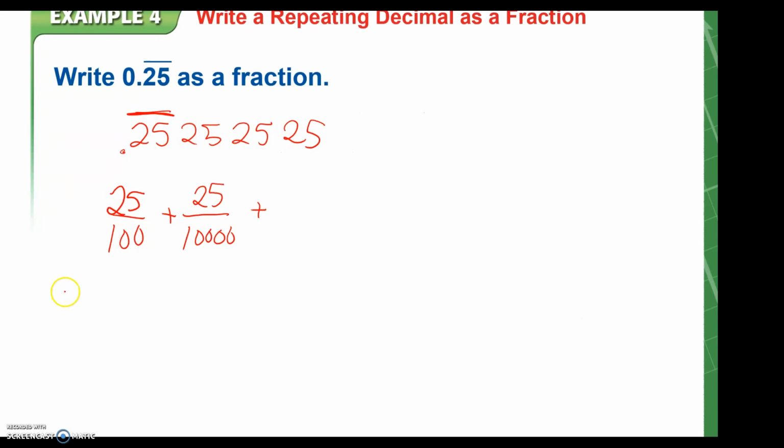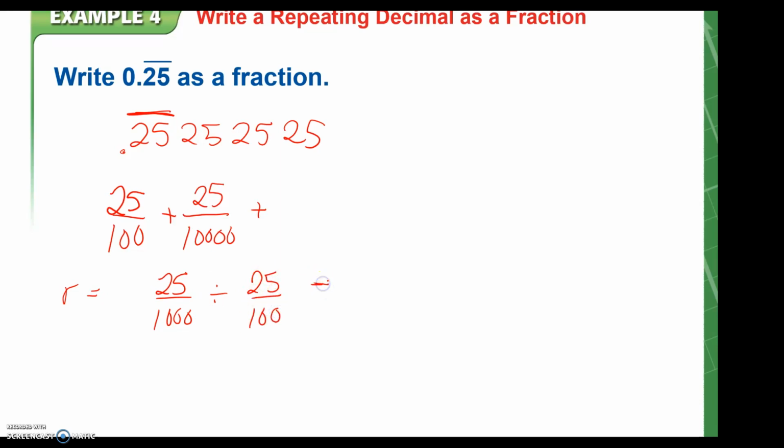So to find my R, I'm going to take 25 over 10,000 divided by 25 over 100.